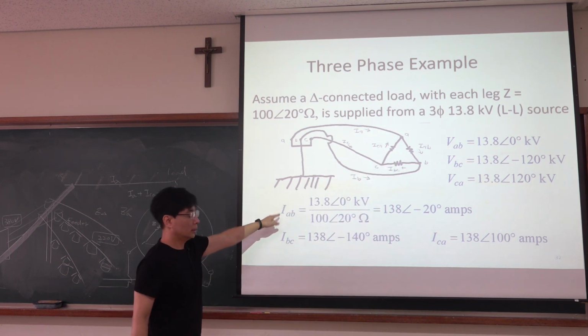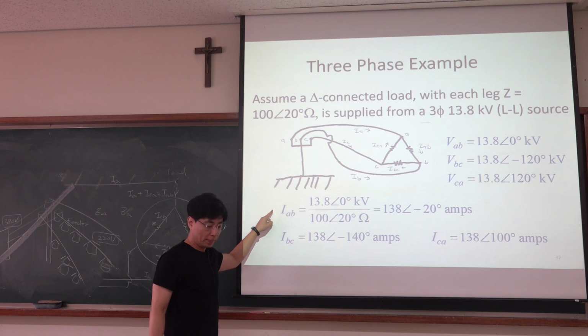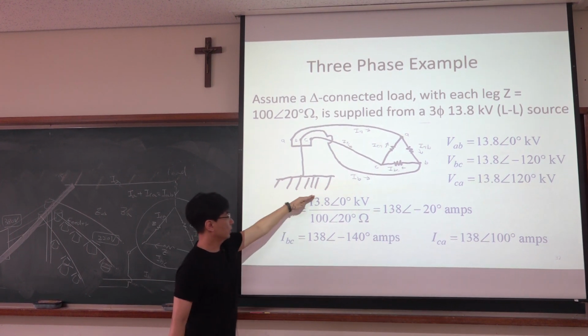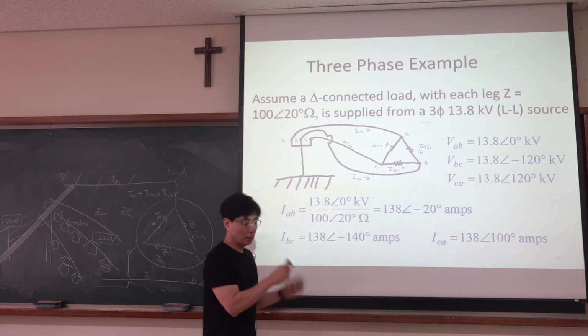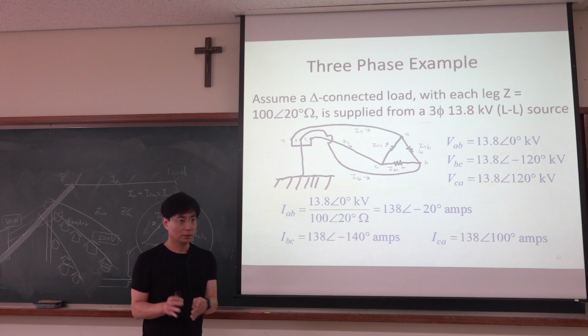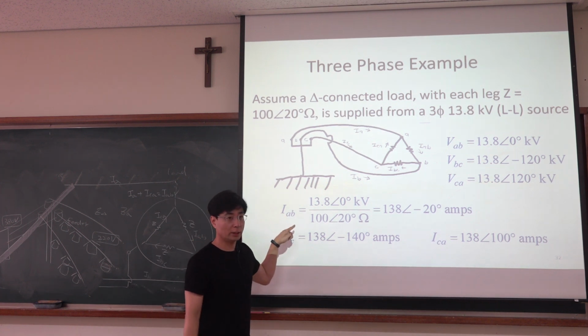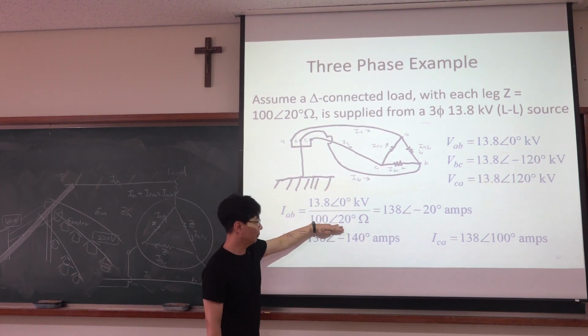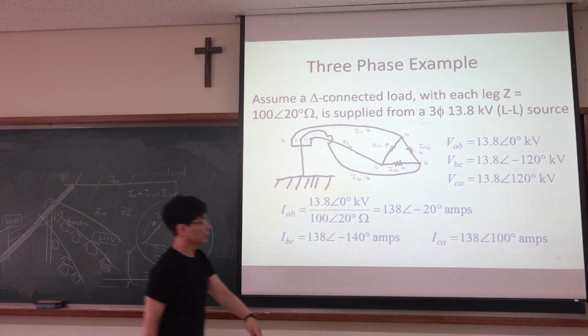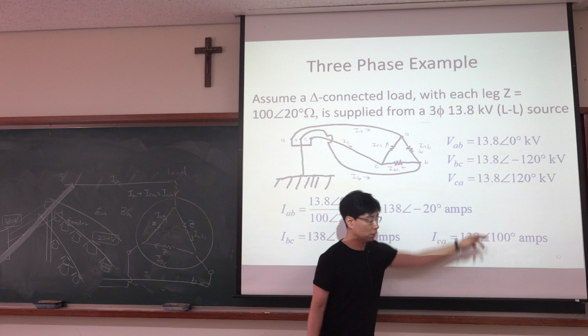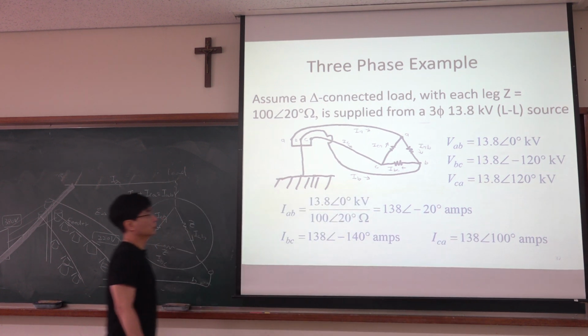So the line current IAB is voltage over impedance. This value is already computed for you to make it easy. The impedance is that, so line current is that. Another line current is that. You see the same magnitude and a 120-degree phase difference.